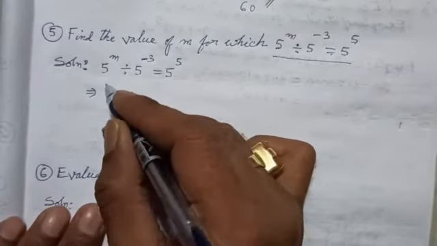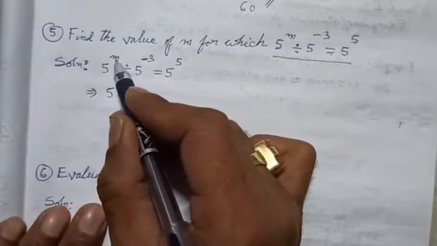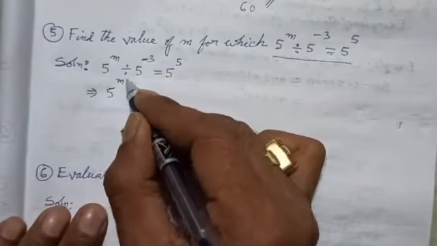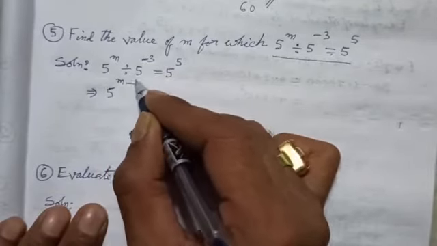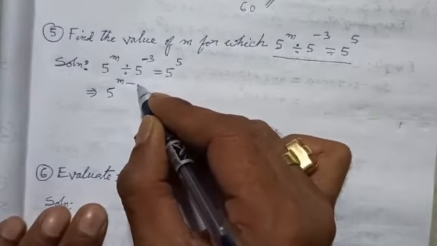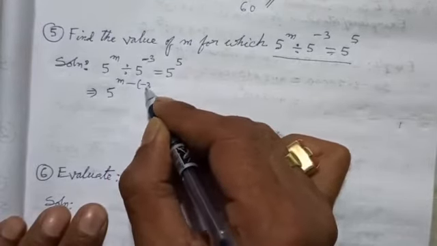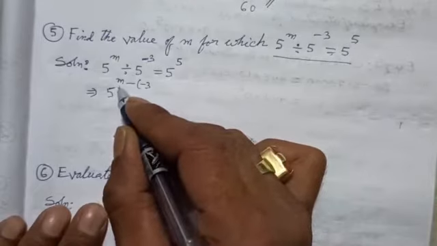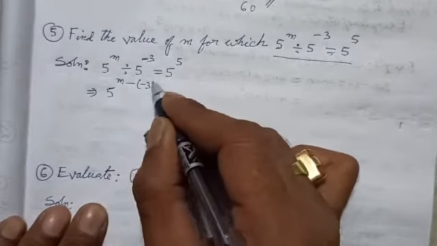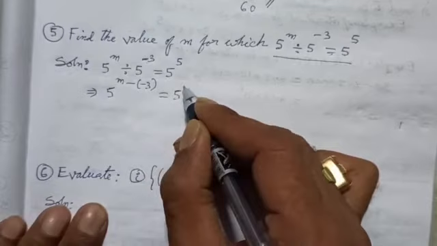So 5, here is power m. Since there is divide, we have to subtract. Since there is minus 3, we have to write minus 3 like this. 5 to the power m minus, then minus 3 is equal to 5 to the power 5.